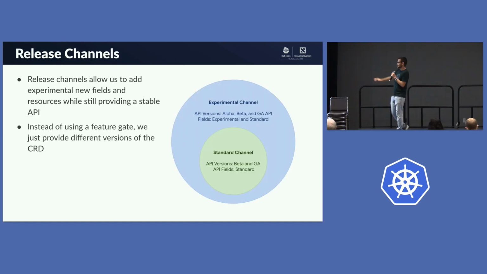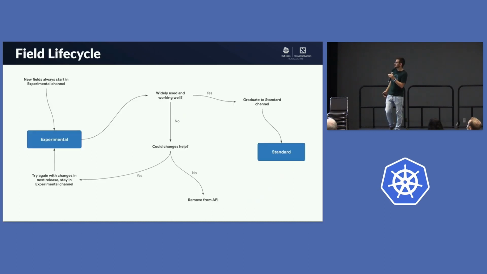So to go just a little bit further, release channels are really just experimental channel and standard channel. So experimental is this superset of everything that's inside standard channel, plus a few experimental things along the way. So when we're adding a new field to the API, regardless of what resource it is, it always starts in the experimental channel of the API.